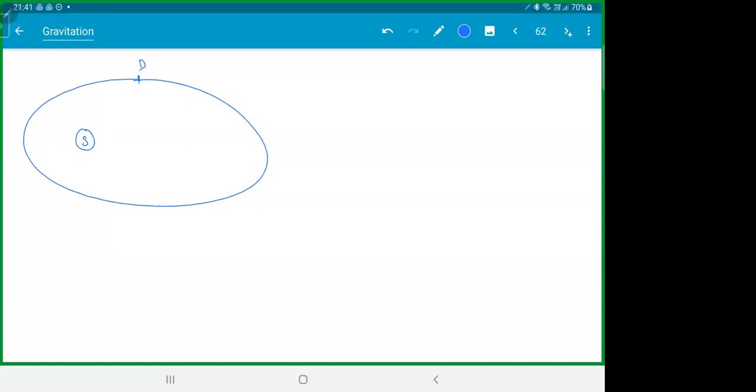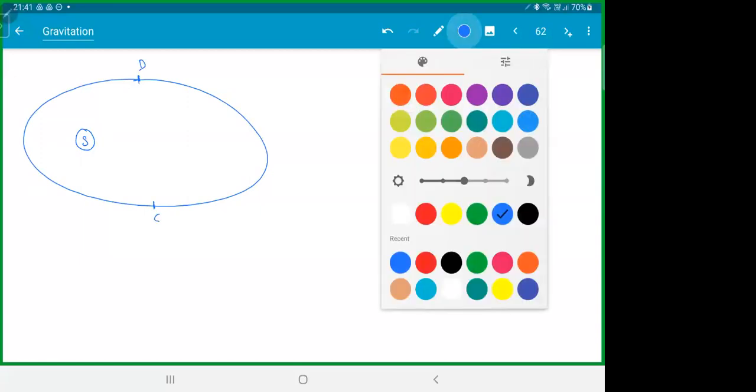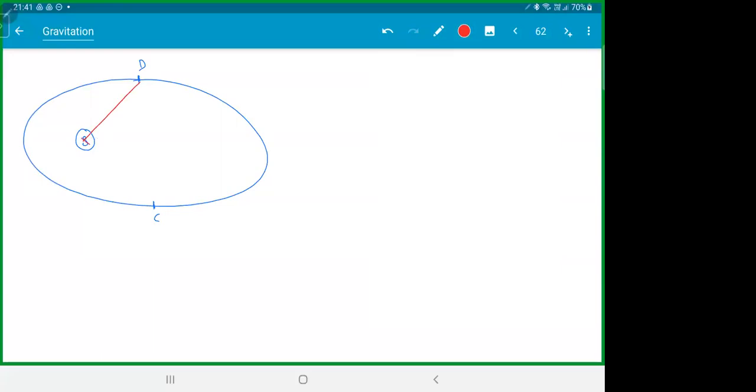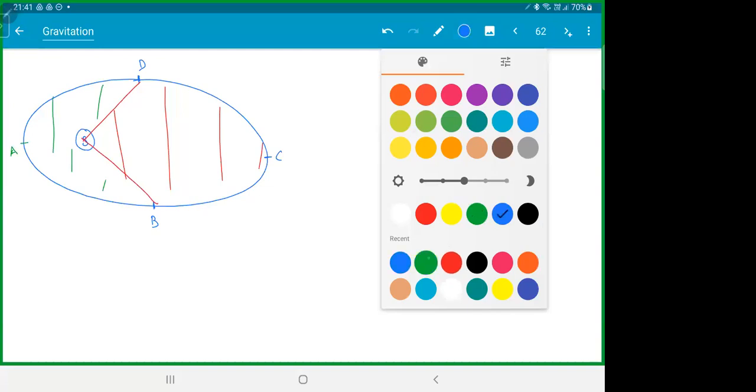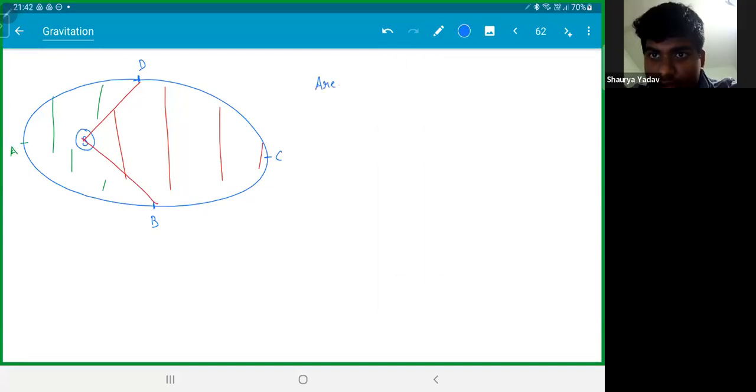This is D. This is C. So this is the area, right? When you say area BCD, this is the area. When you say area from DAB, this is the area. Which area is bigger? The red one. So area BCD is greater.